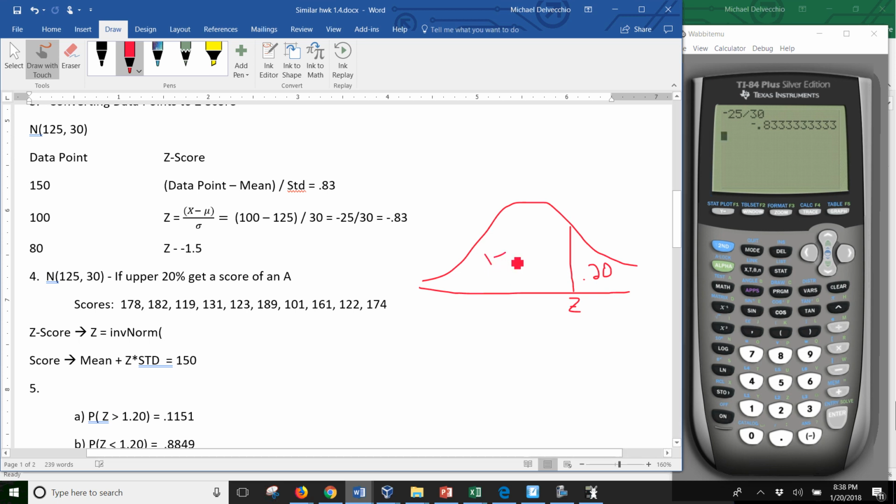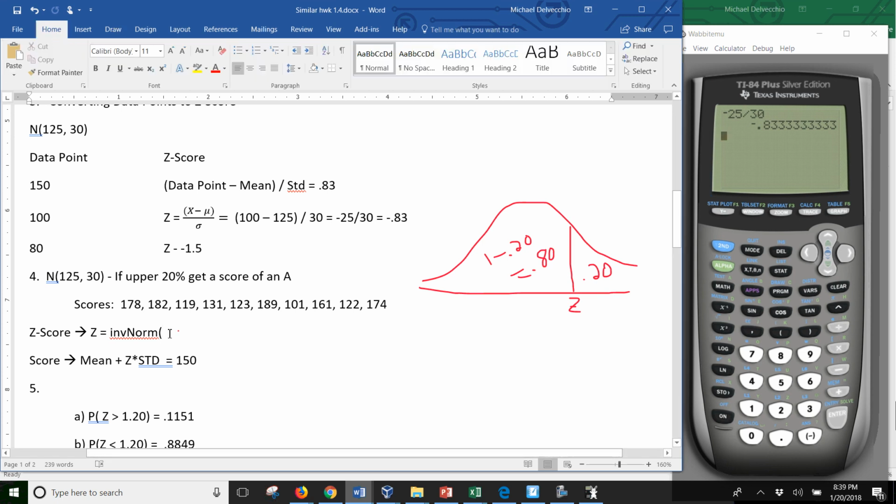So it's going to be 1 minus 0.20, which is going to equal 0.80. So notice the two add up to 1, right? All right, so inverse norm 0.80. And because it's z-score, I don't have to put the 0 and the 1 in, or I could add them.